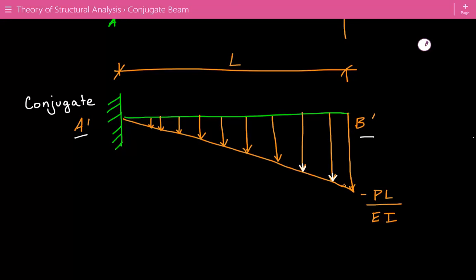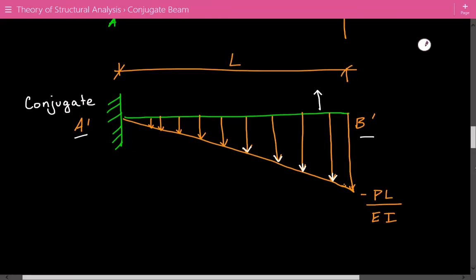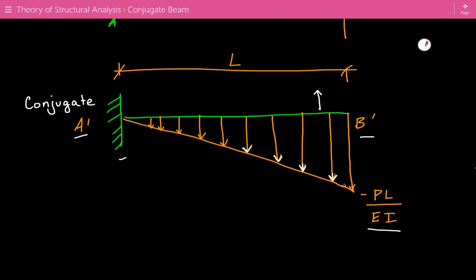If it was positive moment, this conjugate load would be pointing upward, again away from the beam. Since in our case we have negative moment, it's pointing down and away from the beam. Our value here is negative PL over EI, and it's 0 at this end.